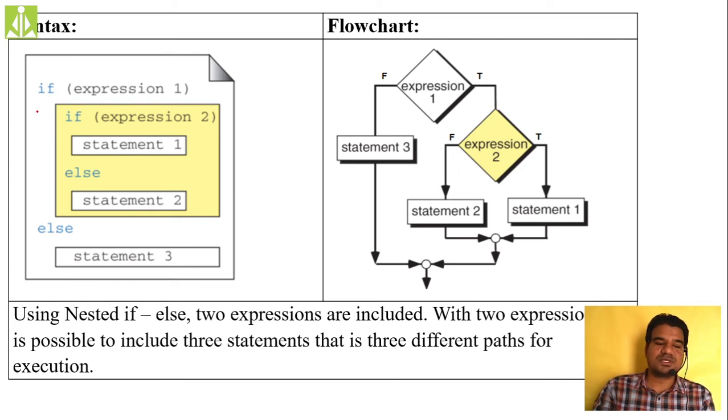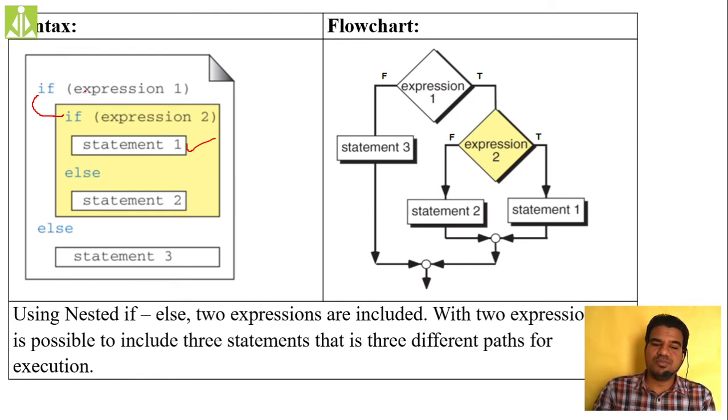If this condition is true, the control will come from here and check the second condition. If the second condition is also true, it will execute statement 1. Remember this: statement 1 is executed only when both expression 1 and expression 2 are true.